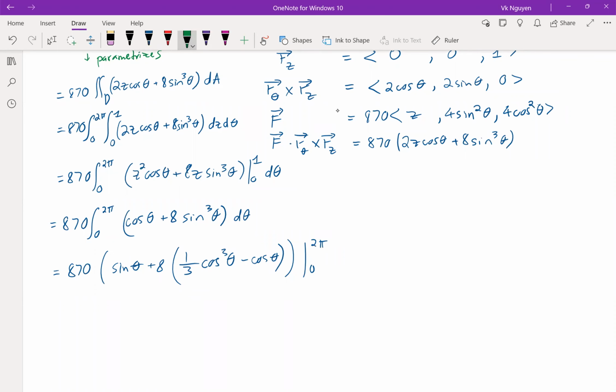You can do this by, just to give you a hint here, split this out. Sine cubed is sine theta times sine square theta.